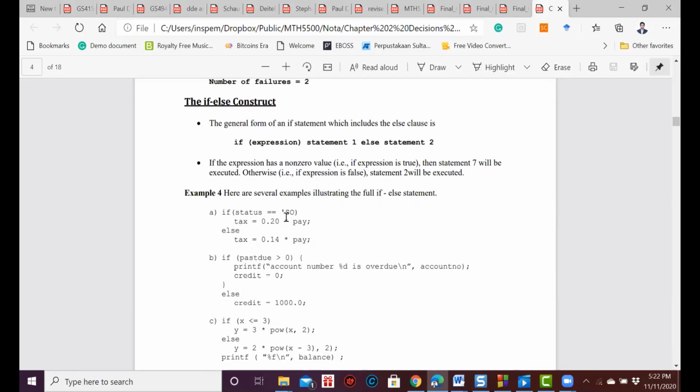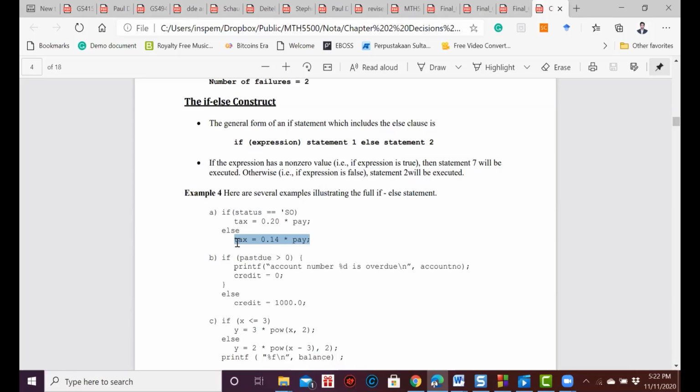I will update this error later and upload it in Putra Blast. Else, tax equals 0.14 times P. So if status equal to character S is true, then tax is this formula. Otherwise, if this is false, then go to the else, and tax equals this one.